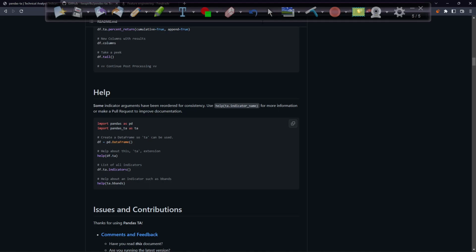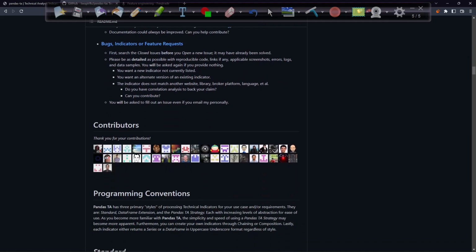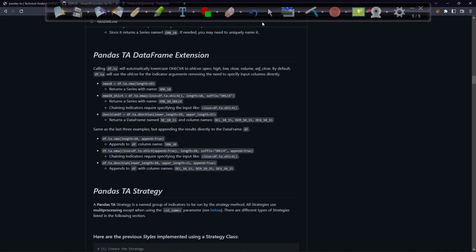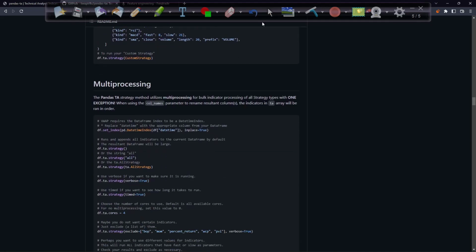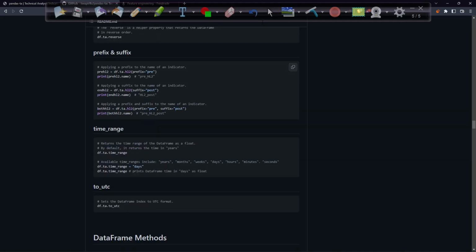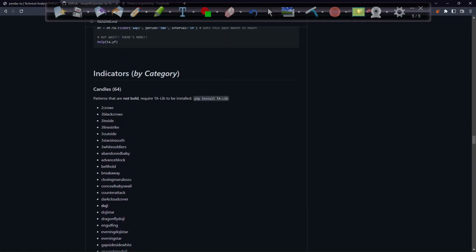And yeah, we can use it like this. We can define df, and we can ask for help, like help, and then df.ta. Now what I want to show you is this. Yep, this one.